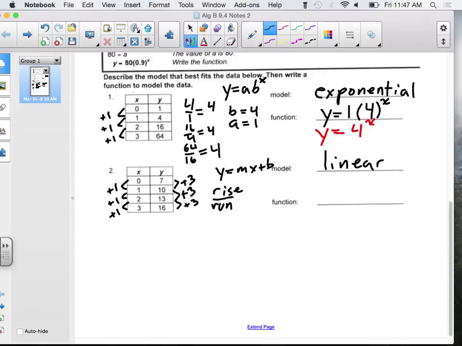That's what m equals. So what is our change in y, or what is our rise? 3. And then what's our change in x, or our run? 1. So our slope is 3.